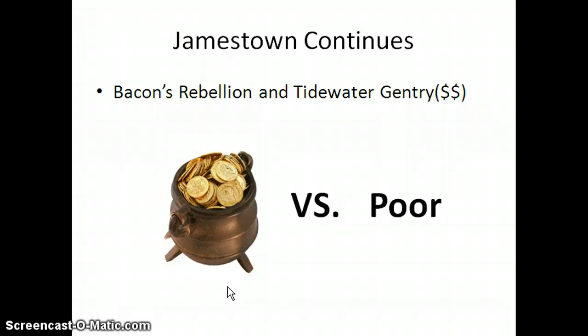So Berkeley said no, that they would not send any help. Bacon, very upset at the governor and what was happening to them, decided to attack Jamestown. But he ended up dying, and then the rebellion was crushed. The point is that there is a class problem in Jamestown between the frontier backwoods poor and the rich Virginia tidewater gentry.